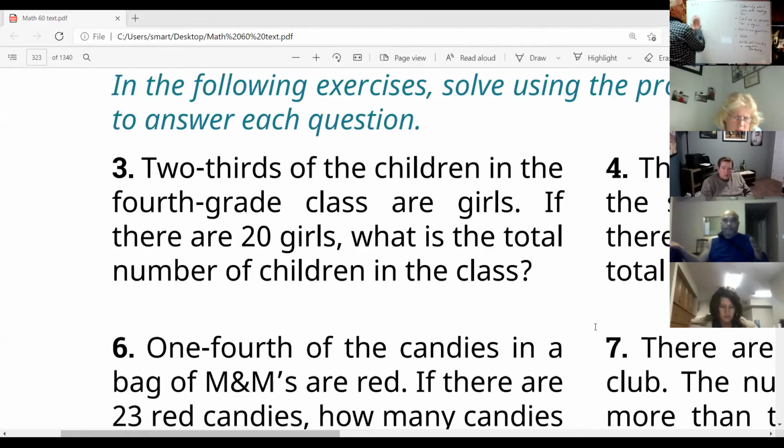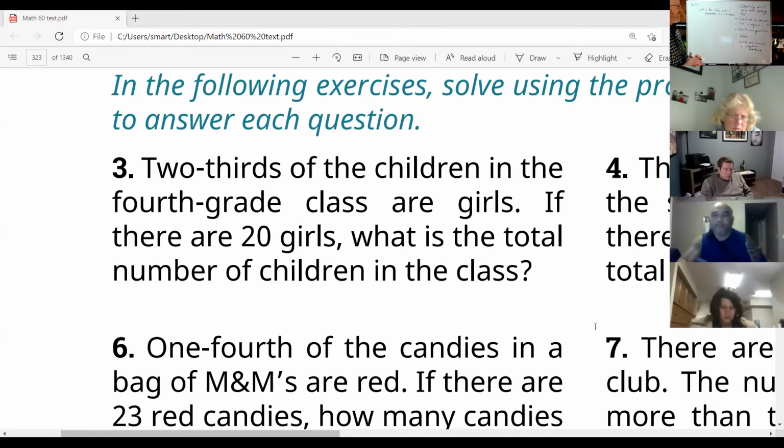I'm going to write down on my paper, let X be the total number of children. I wrote, let X be the total number of children. If we were doing this on a paper problem, we actually like to see you define your variable. Tell us what that letter stands for. It kind of justifies what you're going to do with it after that, your argument.